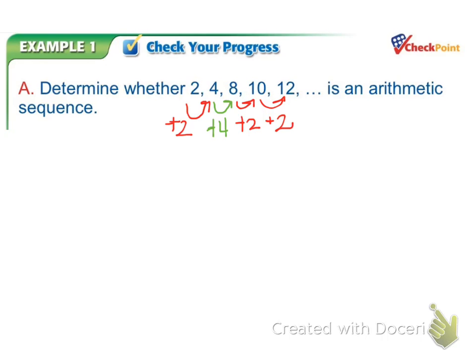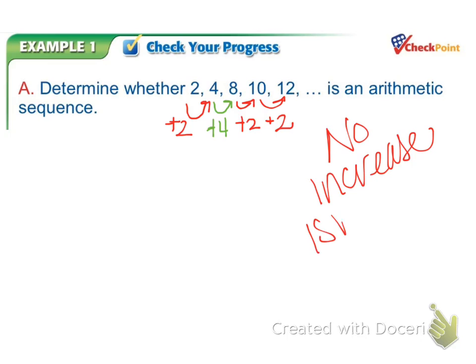So even though 3 out of the 4 increases are 2's, that is still not an arithmetic sequence because the increase is not constant. That plus 4 in there kind of ruined everything. Not constant. Okay, that's it. Simple enough, right?